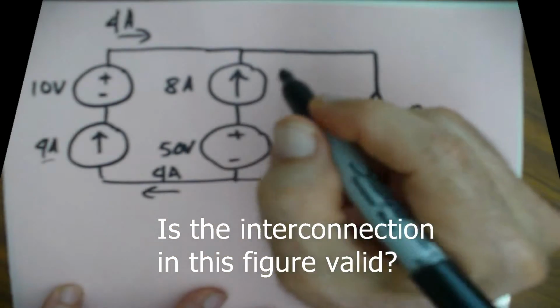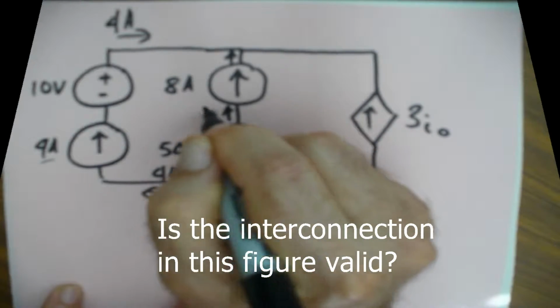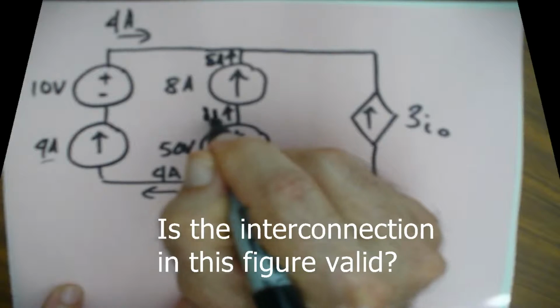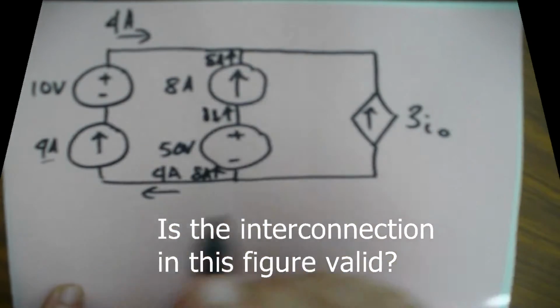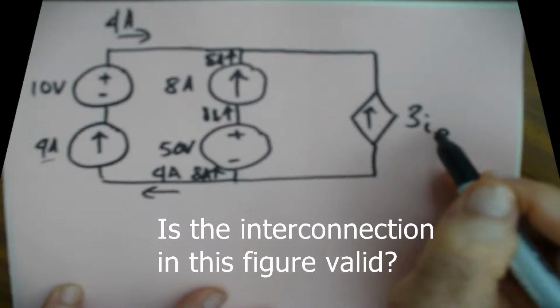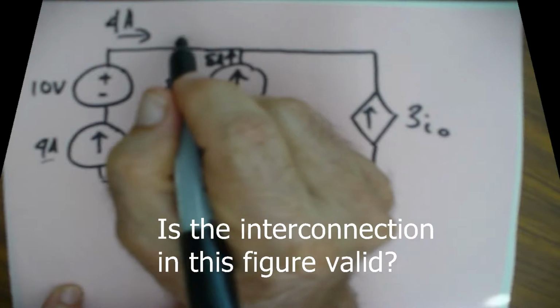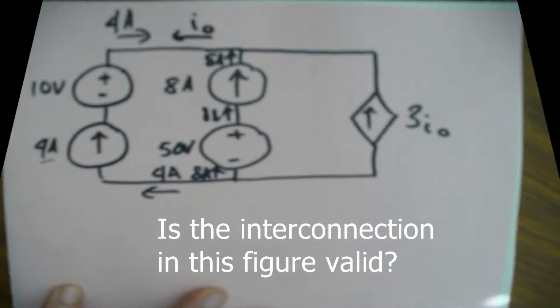And then this one has 8 amperes going all through this line right here. 8 amps, 8 amps, and 8 amps. It doesn't go out beyond this. This is 3I0, and I0 is defined as the current going right there.